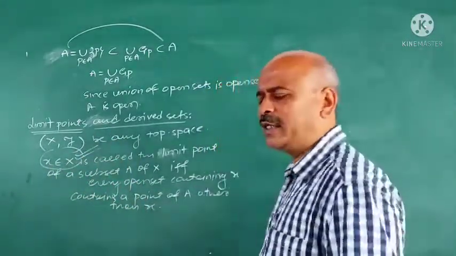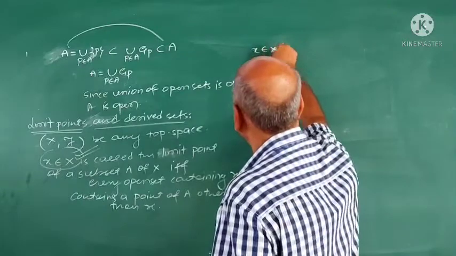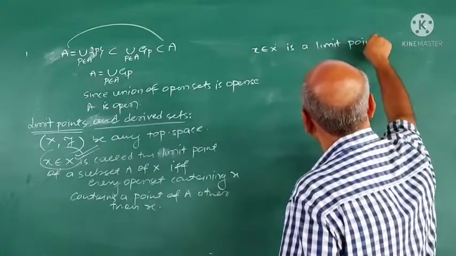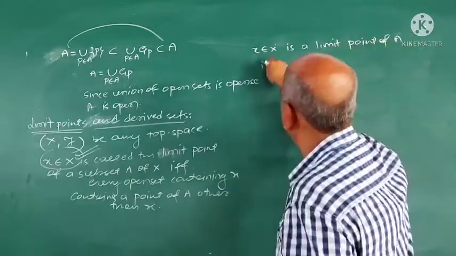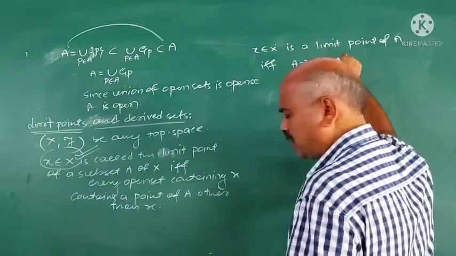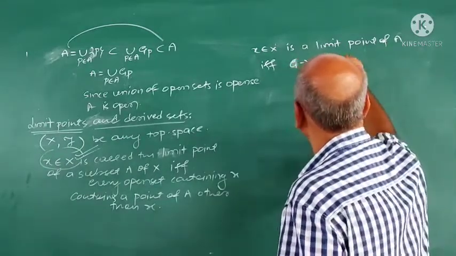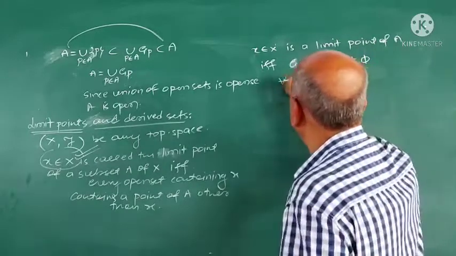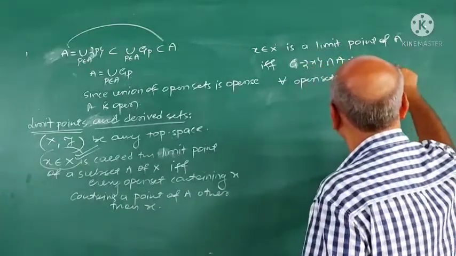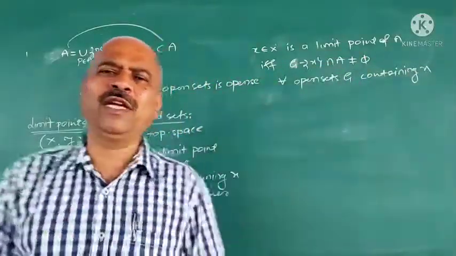And you can easily remember this definition by this notation. A point X belongs to X is a limit point of A if and only if (G minus X) intersection A is not equal to the empty set for all open sets G containing X. This is a simple way to remember this.